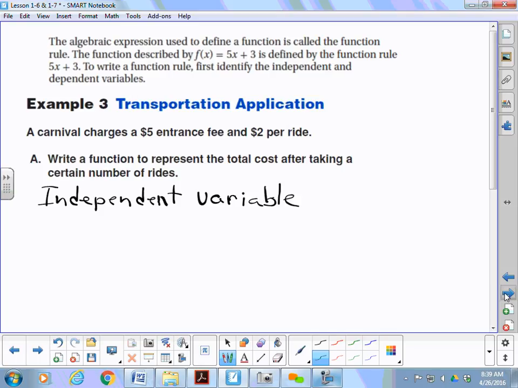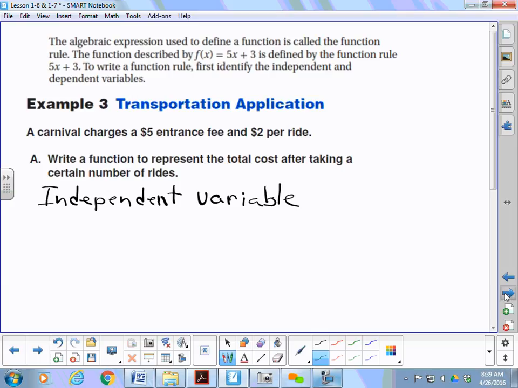Right? And so what variable should we use for our independent variable? What is the thing that changes, Mr. Vickery? No. Good try. Right? What thing changes? Okay. The number of rides, right, is what changes.